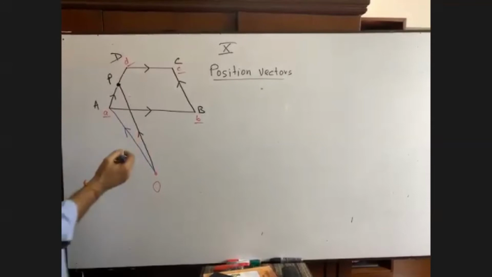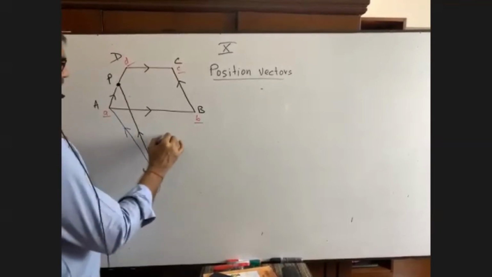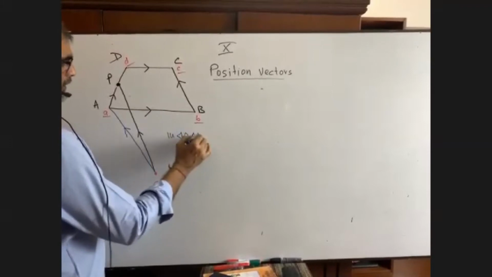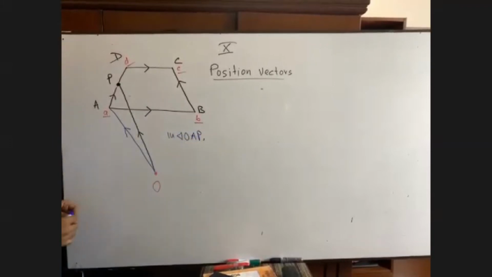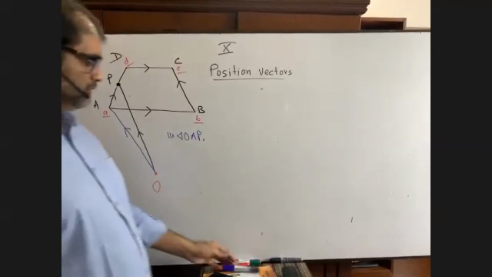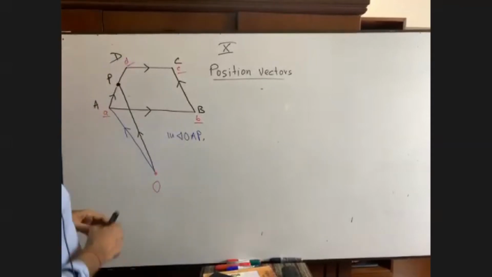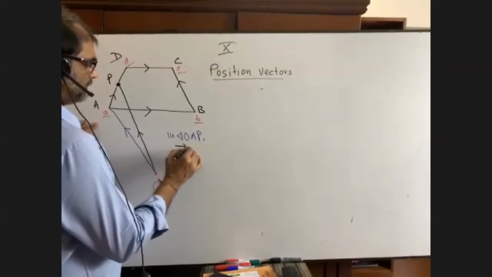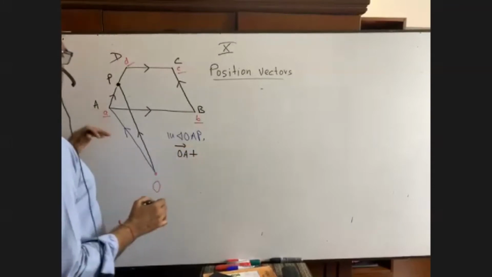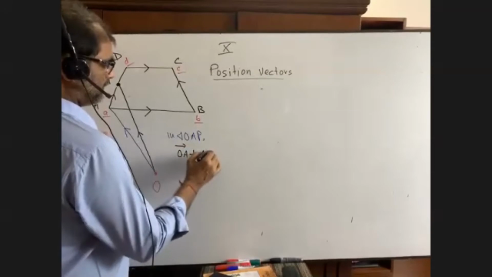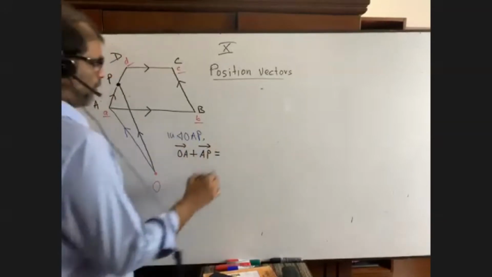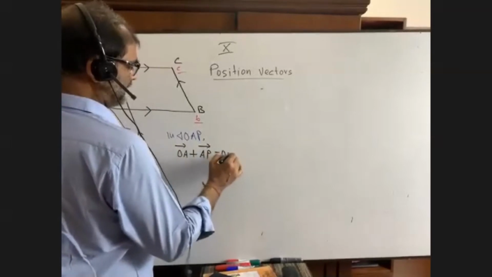Now use triangle OAP. In triangle OAP, you use triangular addition of vectors. What will be? Let me know. OA plus AP is equal to OP. Am I right? Talk to me.